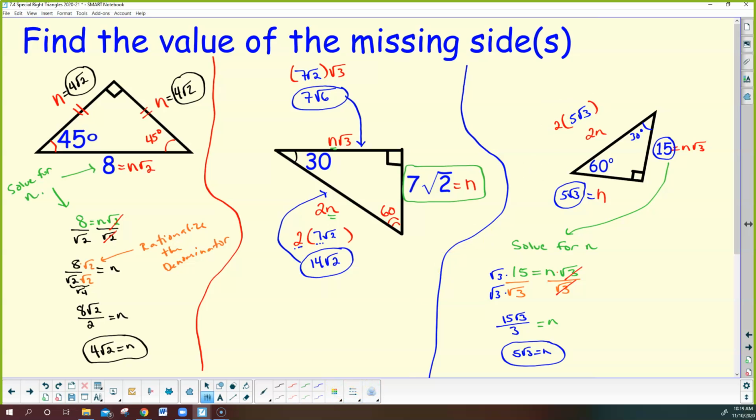And you could do this in your head if you want. You technically don't have to show this step right here. But 2 times 5 is 10, and then you just leave the radical as is, because you only multiply whole number by whole number. And now I know all 3 of the side lengths, as well as all 3 angles.